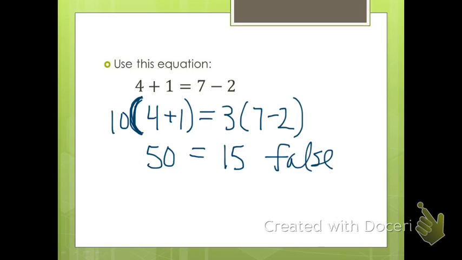Okay, so we could go on, but by now I think you're getting the idea that if we start with a true equation and we do the same thing to both sides, we'll keep a true equation. If we don't do the same thing to both sides, as in this case, we will end up with a false equation.